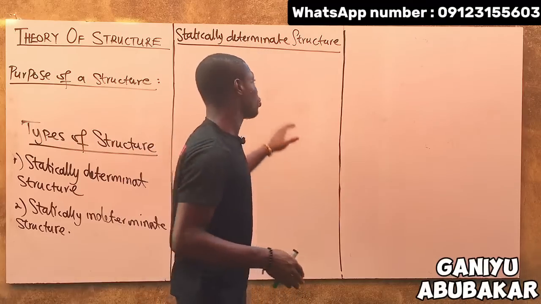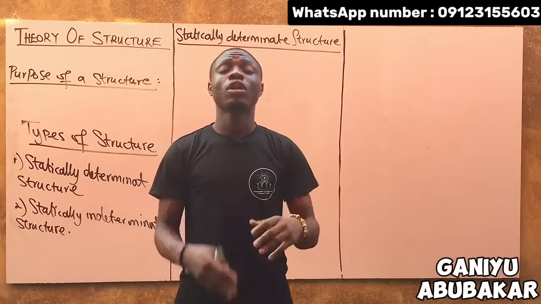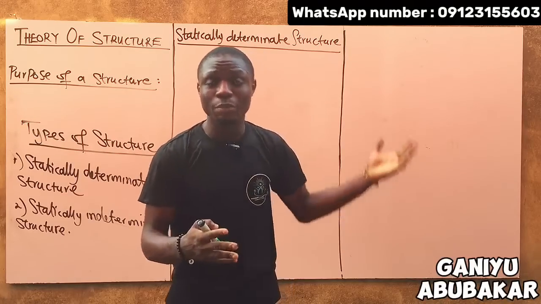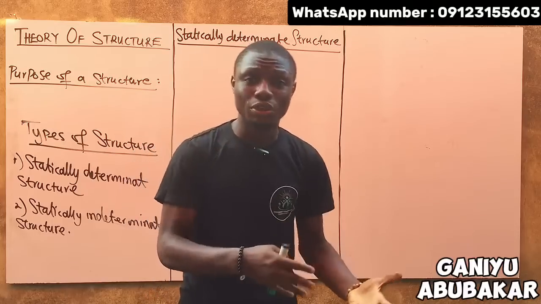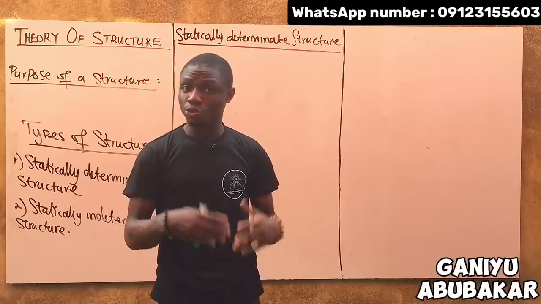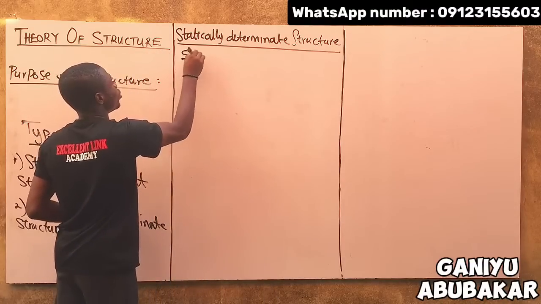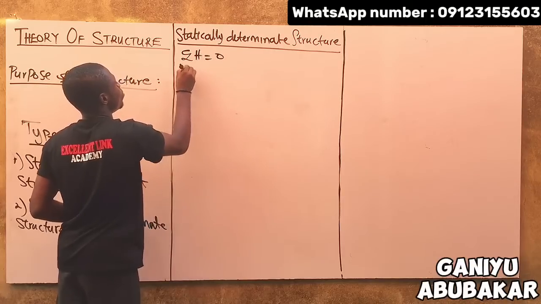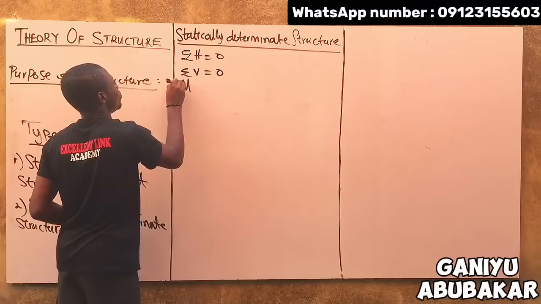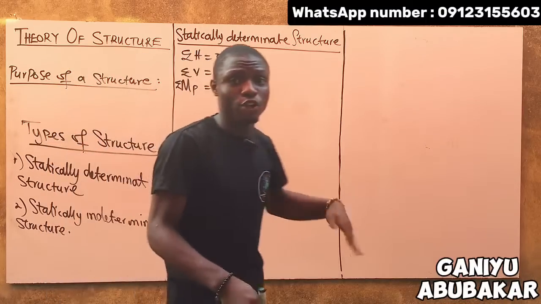The equations of static equilibrium are: summation of H equals 0, summation of V equals 0, and summation of M at any point equals 0. These are the three conditions of equilibrium.